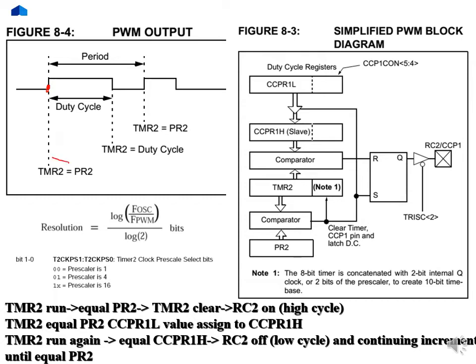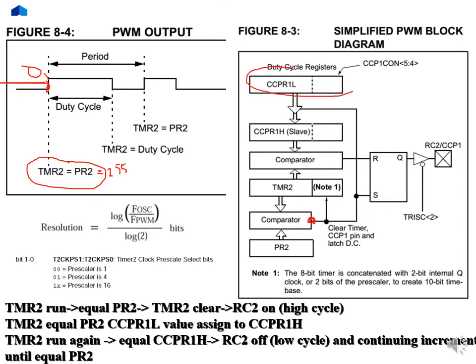At this point, that means TMR2, Timer2, will increase until it equals the PR2 value, for example 255, something like that. At that time Timer2 will be cleared and return to 0. So at this one, it will be 0. Then Timer2 will increase again.